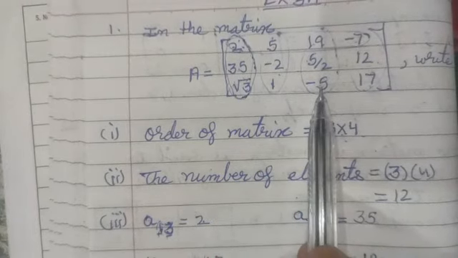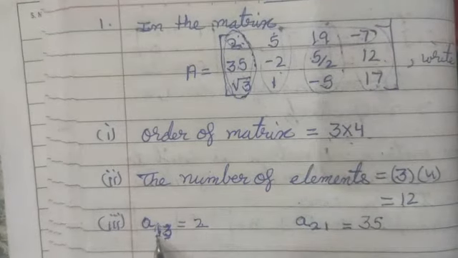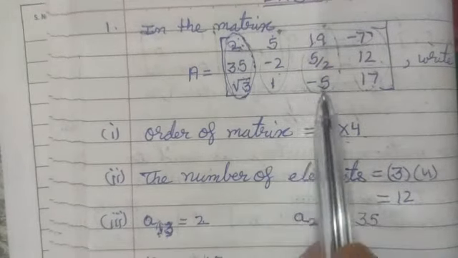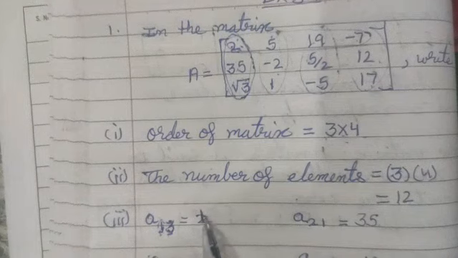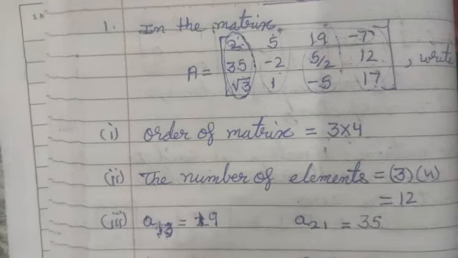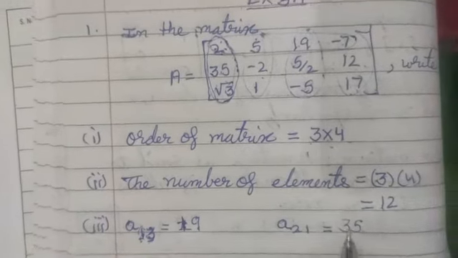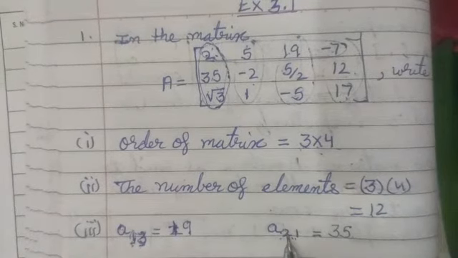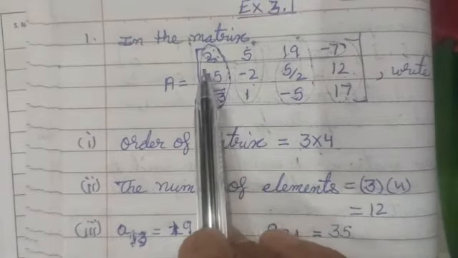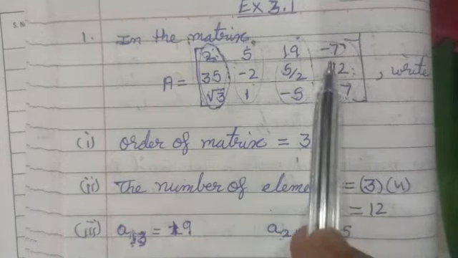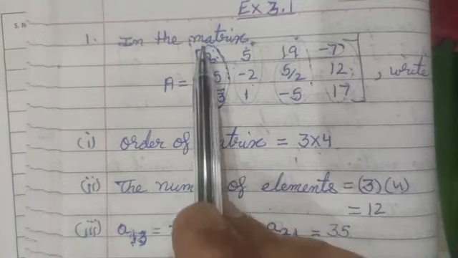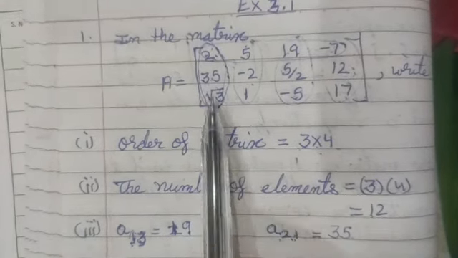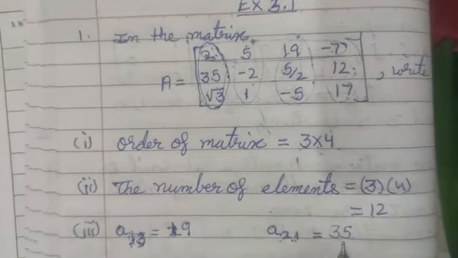The common element of row 1 and column 3 is 19, so this will be equal to 19. Now, a21, the element of row 2 and column 1. Row 2 is this one and column 1 is this one, and the common element is 35, so it will be equal to 35.